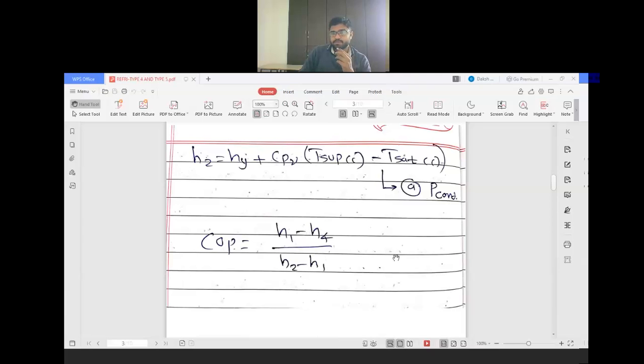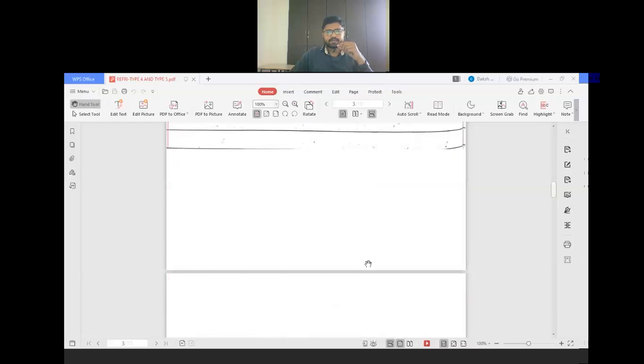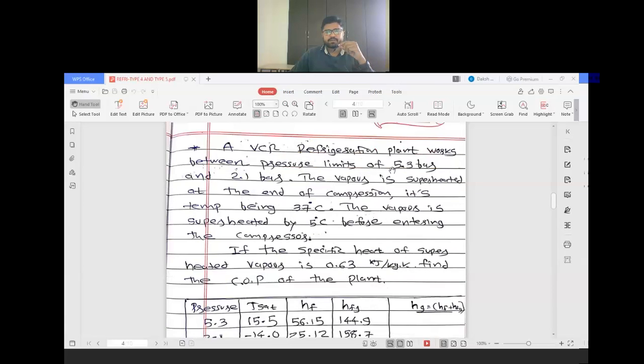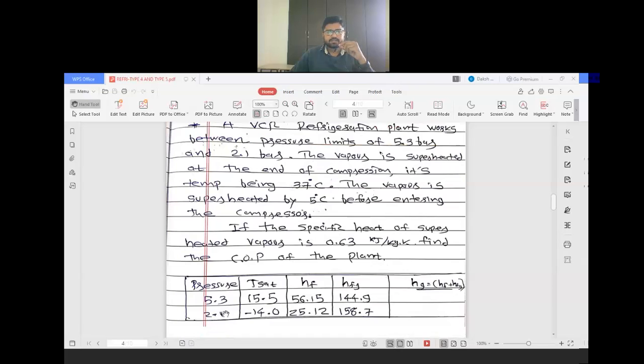Now in this example, all the values are given, 4 temperatures already given, so our procedure will be reduced. Clear? So now here let us read the data. A VCR refrigeration plant works between pressure limits of 5.3 and 2.1 bar.